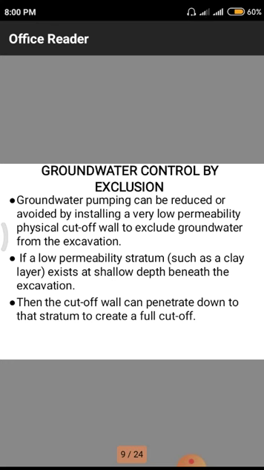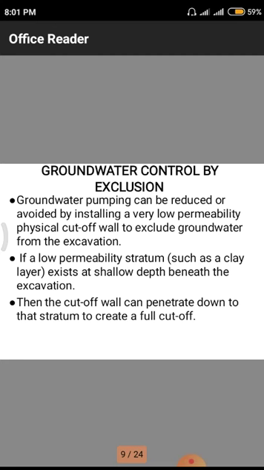Due to less voids, the particles bind to each other and form a high density stratum. Due to this fine matter, the permeability is very low, and it exists at a shallow depth beneath the excavation. Whenever we dig for groundwater in those clay areas, we have to go to a long depth to get water.